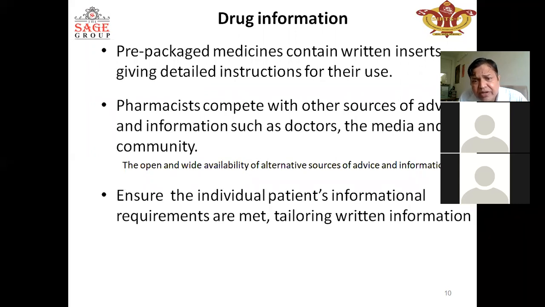Pharmacists compete with other sources of advice and information such as doctors, the media, and the community. The open and wide availability of alternative sources of advice and information should also be there, just like Drug Today magazine, Pharma Pulse magazine, and CIMS and MIMS magazines, which must be available in the pharmacy shop or pharmacy center to provide information to the general public.